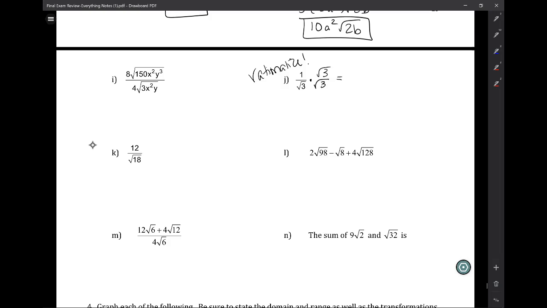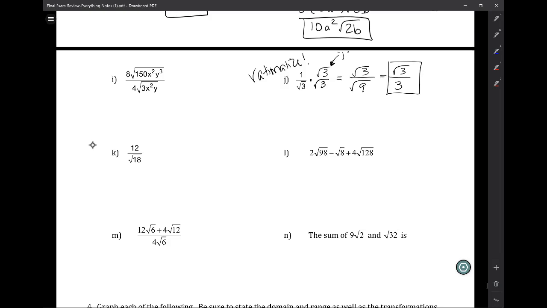So that would create a radical 3 on top and a square root of 9 on the bottom, and that is like magic. It gets rid of the radical that's in the denominator. All this really is equivalent to is 1. It's like a magic 1, because anything divided by itself is 1. I just manipulate the way that the answer looks.